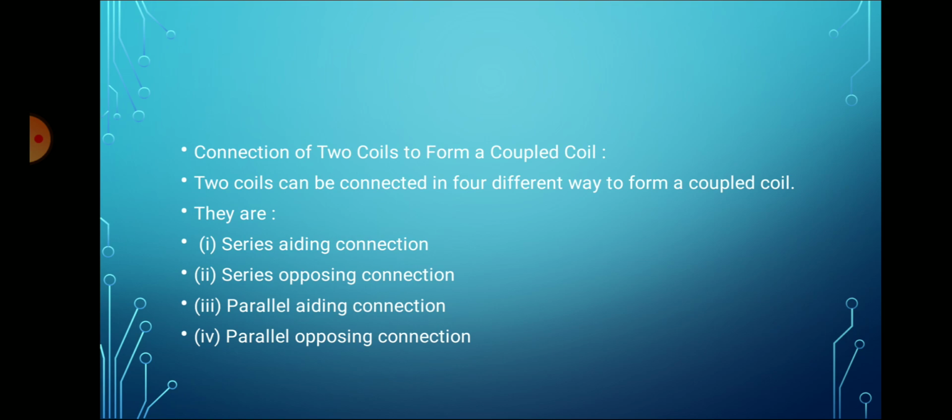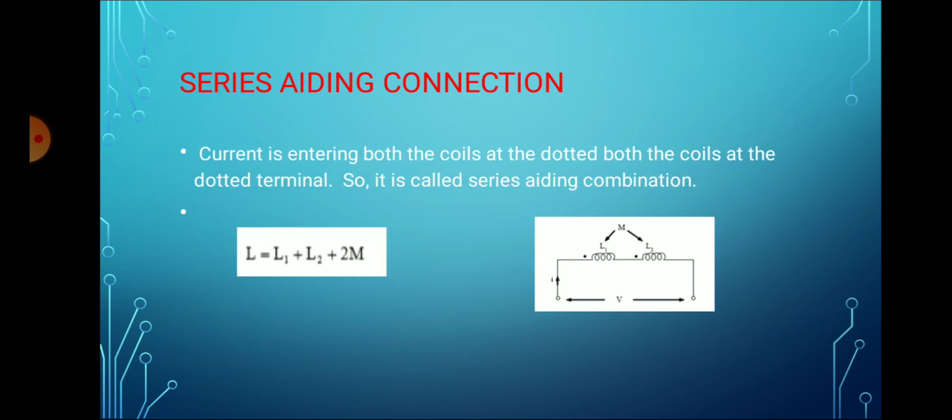Two coils of self-inductance L1 and L2 and having mutual inductance M between them can be connected in four different ways: series aiding, series opposing, parallel aiding and parallel opposing. Series aiding: current enters both the coils at the dotted terminals. Here L equals L1 plus L2 plus 2M.